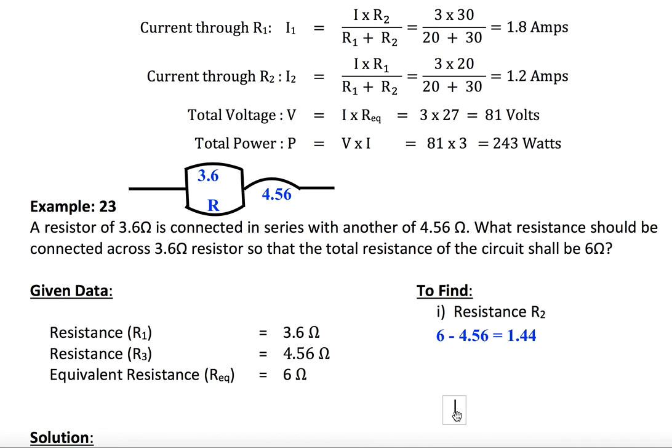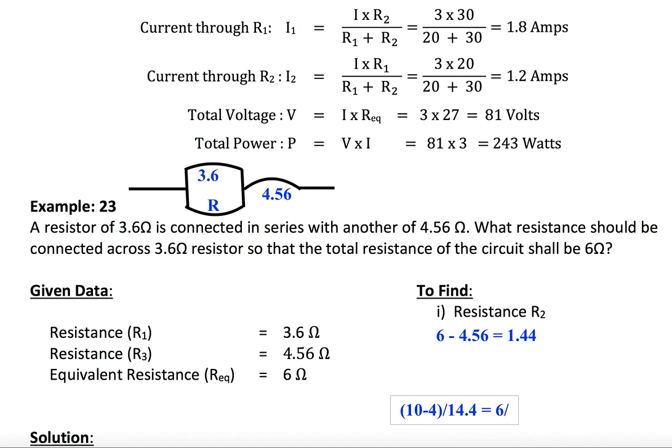So the LCM is going to be 14.4. On top it should be 10 minus 3.6, for 14.4, right? So 6 by 14.4 is 1 by R.